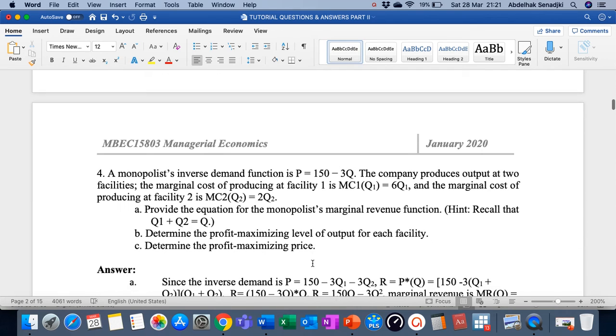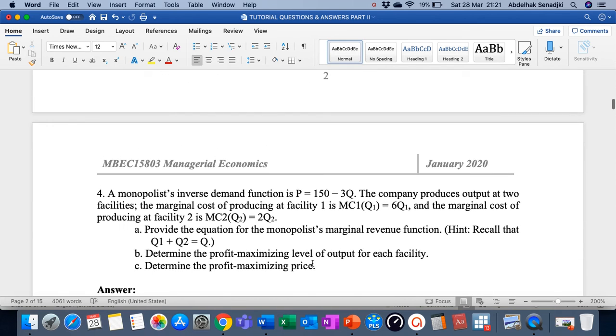Question number 4. You now have a monopolist whose demand function is P equal to 150 minus 3Q. The company produces output at 2 facilities. The marginal cost of producing at facility 1 is MC1(Q1) equal to 6Q1, and the marginal cost of producing at facility 2 is MC2(Q2) equal to 2Q2.